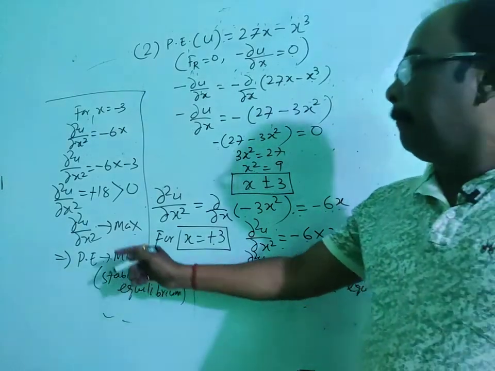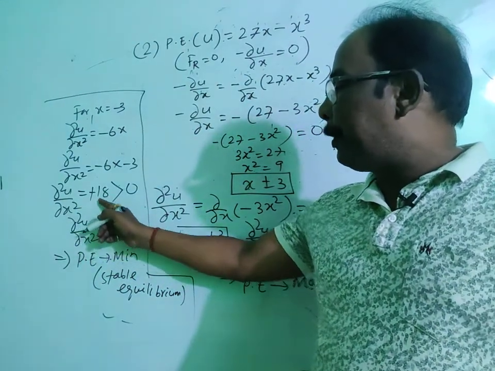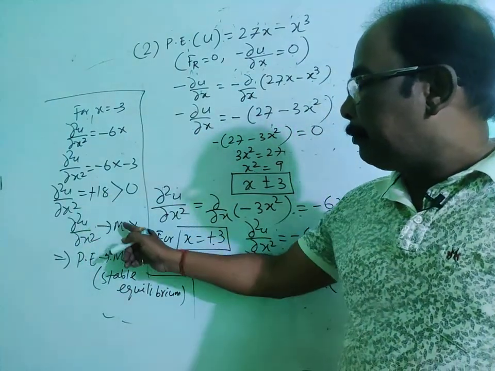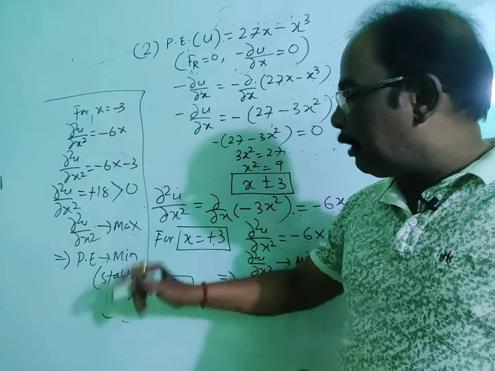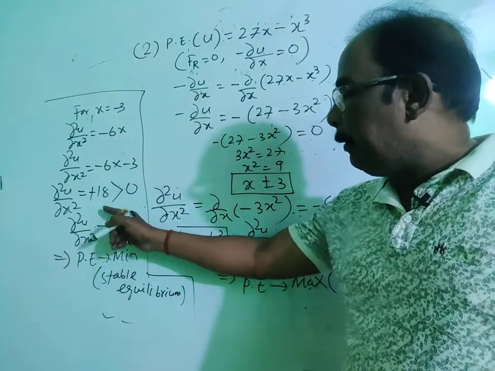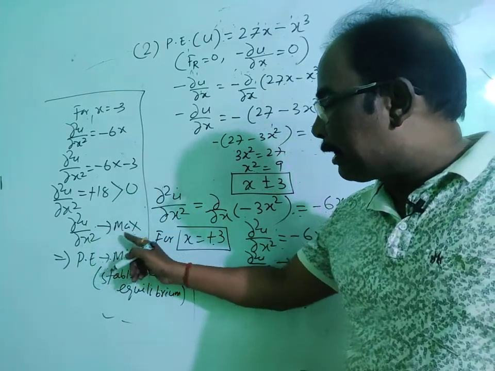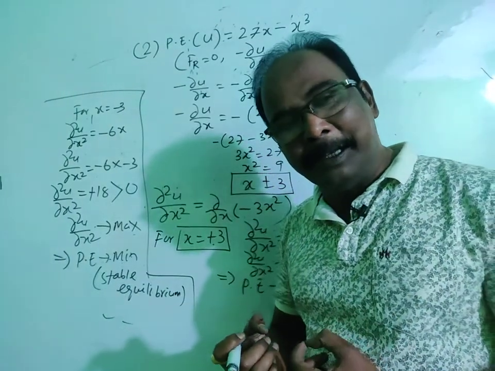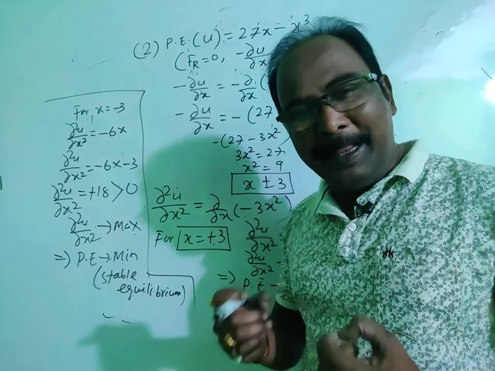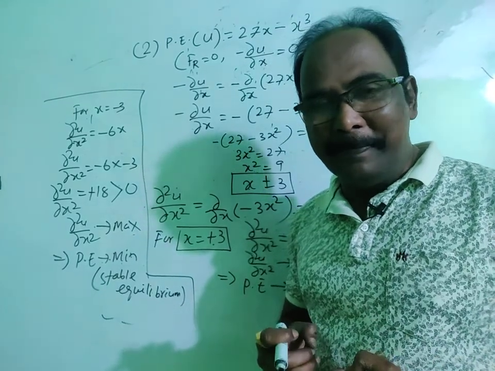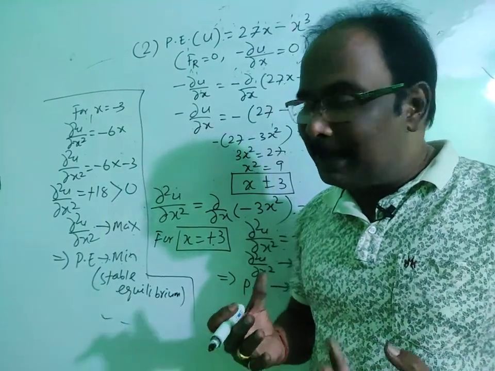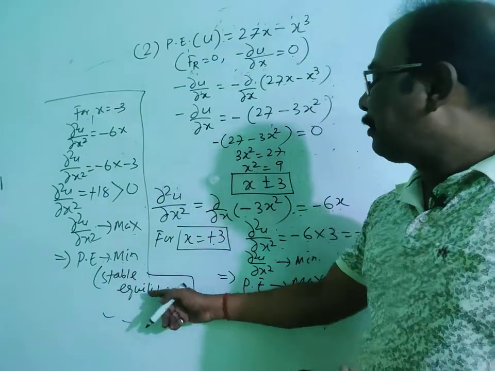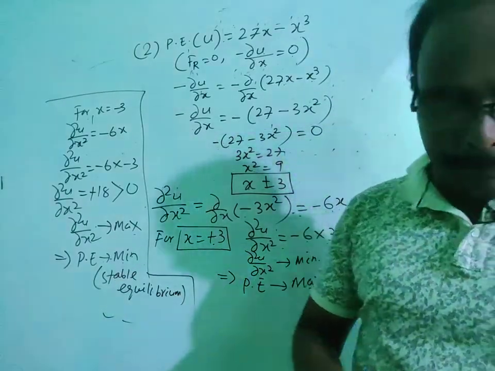And here d square u by dx square is +18, which means greater than 0, and here if d square u by dx square is greater than 0, potential energy is minimum. If potential energy is minimum, then this satisfies the condition for stable equilibrium. Okay.